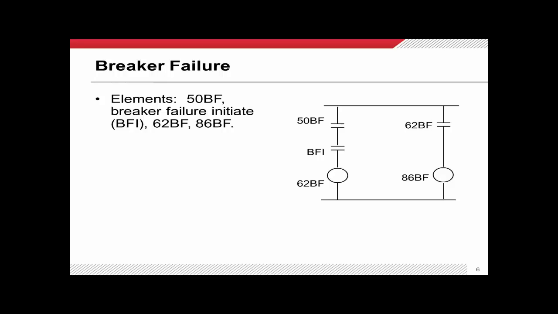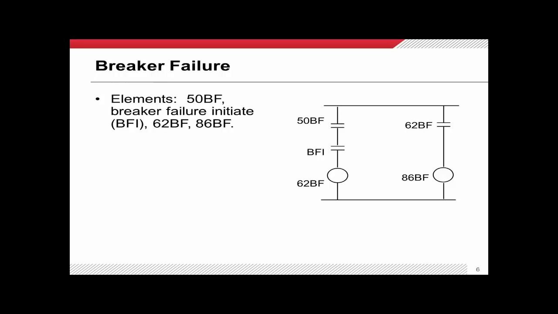Now, as soon as both of those pick up, you're going to start your timer. And think about this. That timer is going to give you 10 cycles to de-energize that fault and make the 50 BF drop out. Otherwise, you're going to have the output contact, because that's a time delay on pickup.